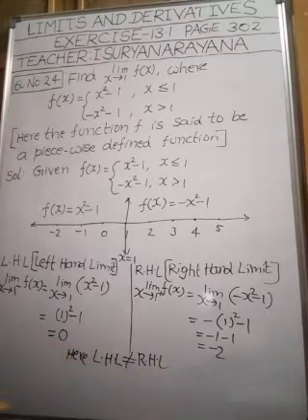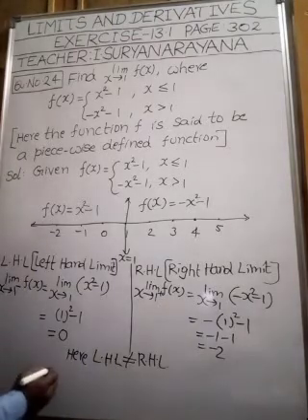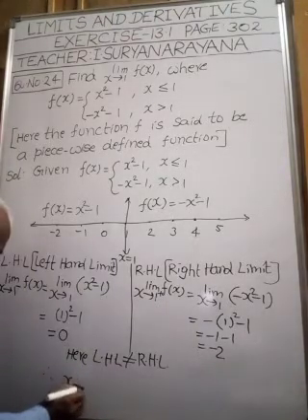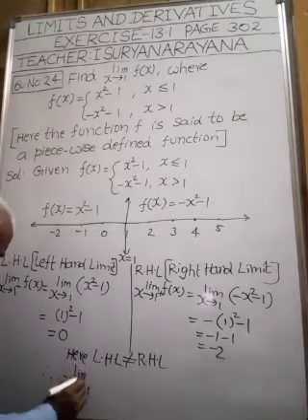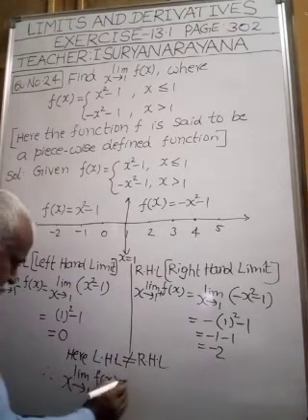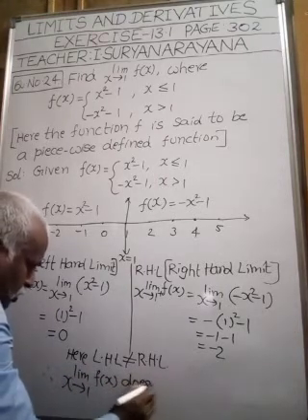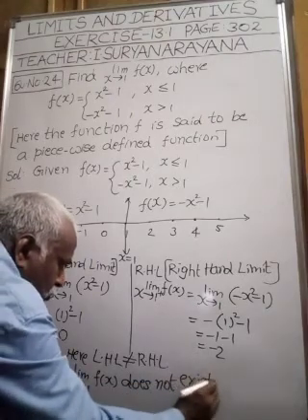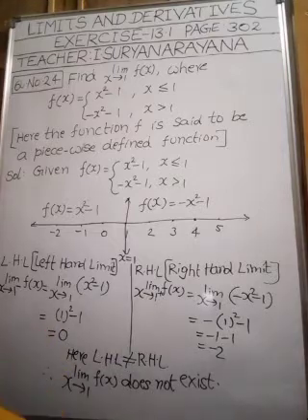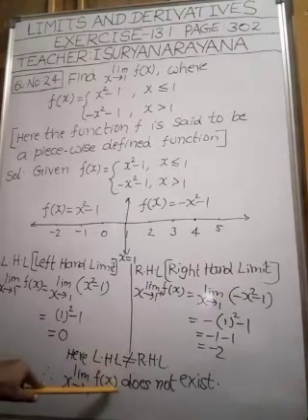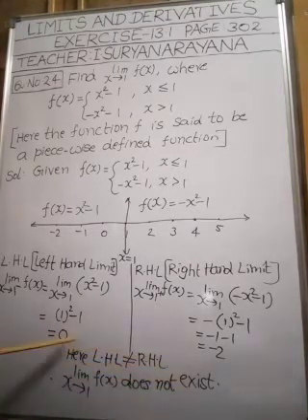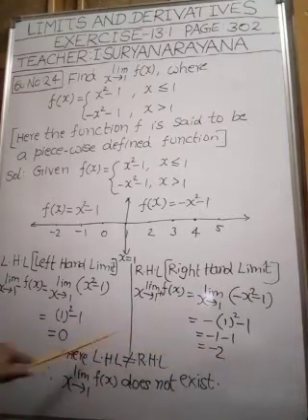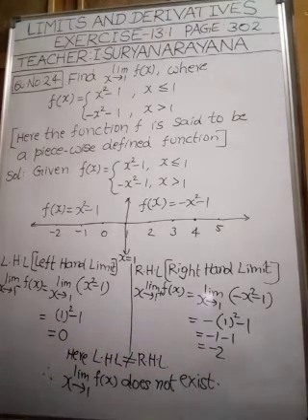Understood this step, my children? Right. Therefore, we say that as x tends to 1, the limit of f of x does not exist. Finally, we say that as x tends to 1, the limit of f of x does not exist because both limits are not equal. Understood this point, my children?